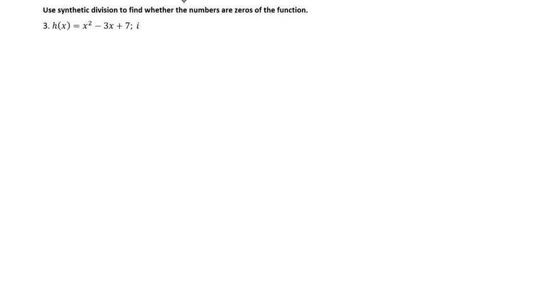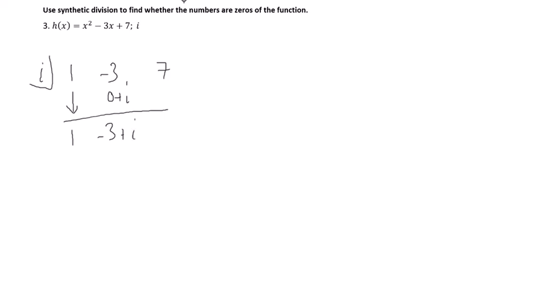All right, for this one, all we're doing is seeing if i is a 0. So 1, -3, and 7. 1, put an i here. So -3 plus i.